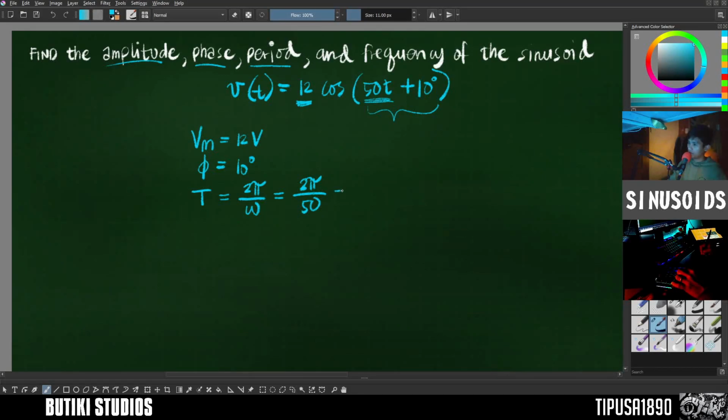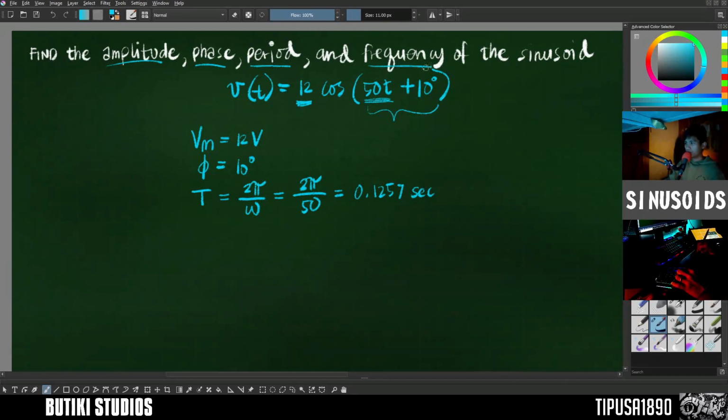Use the calculator: 0.1257. That is the answer if you calculate it in your calculator. And the unit here is seconds, because it is time.